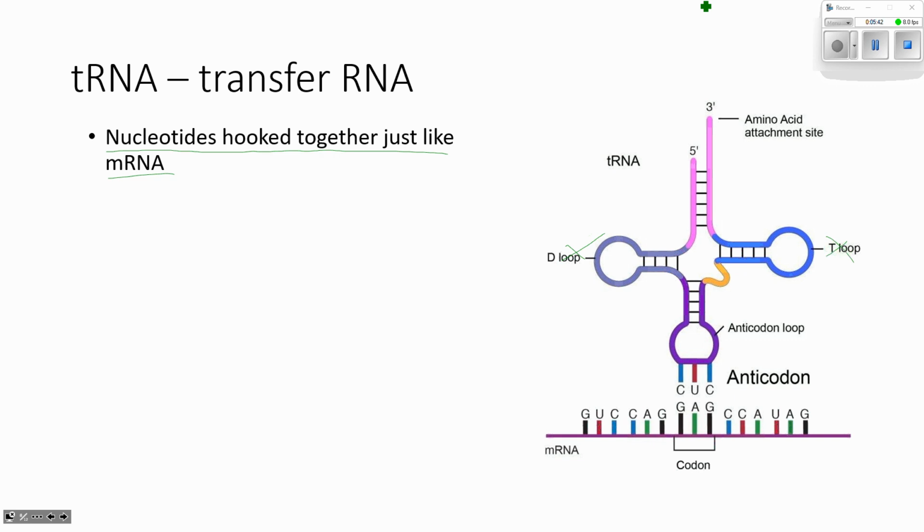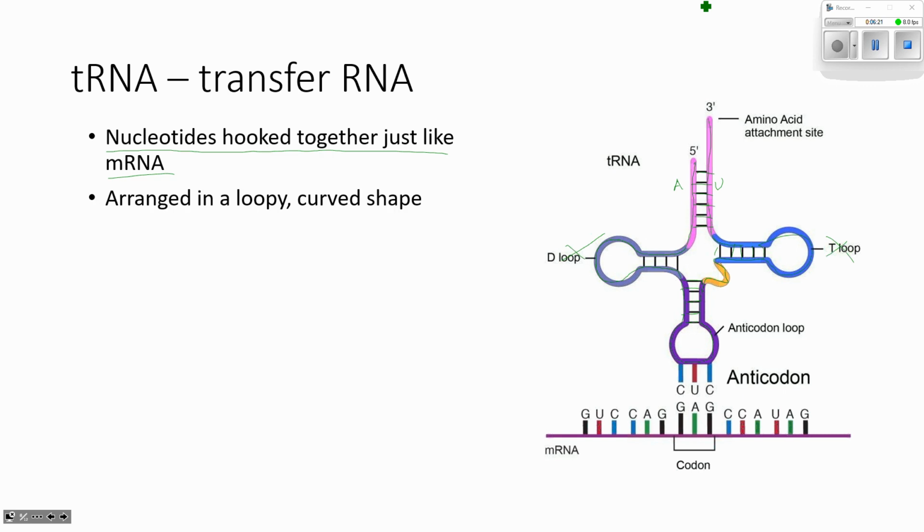So if we were to look at this transfer RNA, here's the strand, and then it makes a loop here, and it comes back, and it makes a loop here, and then it comes back, and then it starts hooking onto itself, and it makes another loop here, and it hooks onto itself, and the whole time that it's hooking onto itself, it's using those same base pair rules. You'll have an A at one part of this transfer RNA strand, and that would hook with a U on another part. But instead of being a double strand like with DNA, it's a single strand that's kind of hooked to itself.